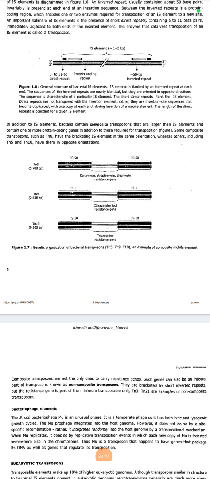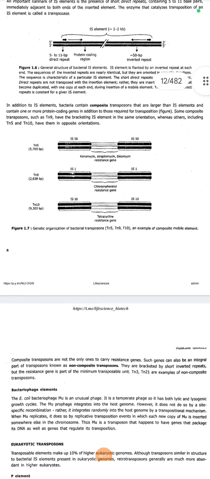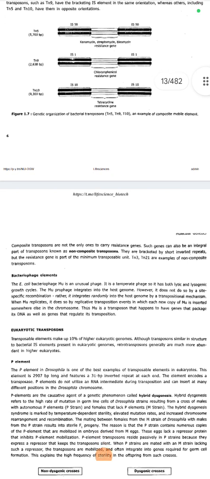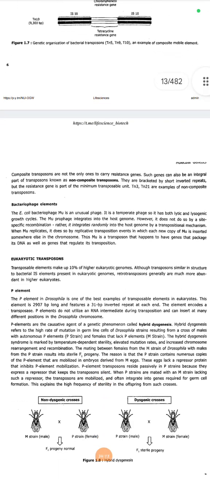In Tn9 the bracketing IS elements are in the same direction, whereas Tn5 and Tn10 have IS elements in the opposite direction. It's not clearly shown in the picture.